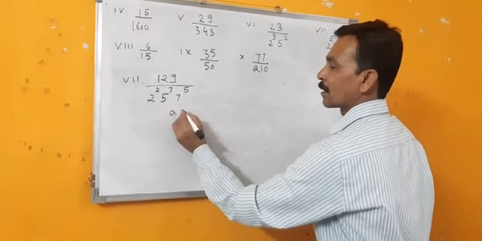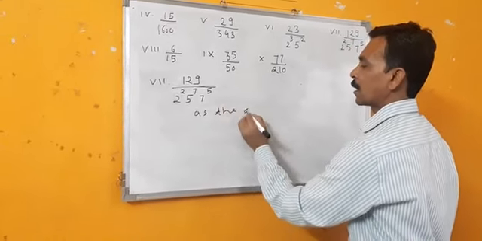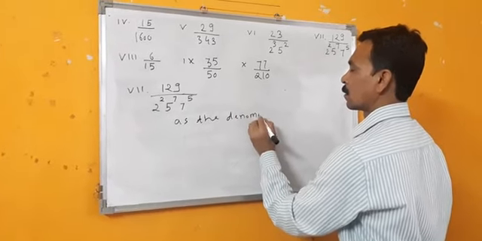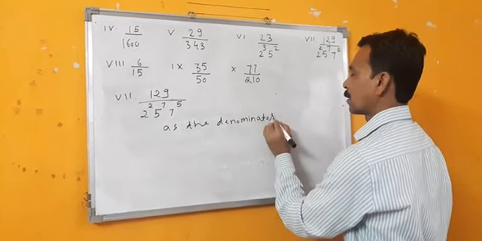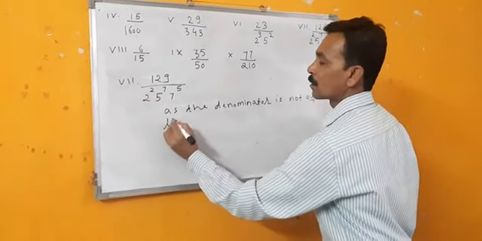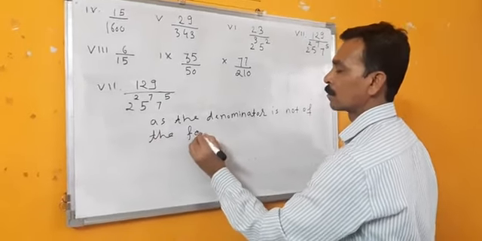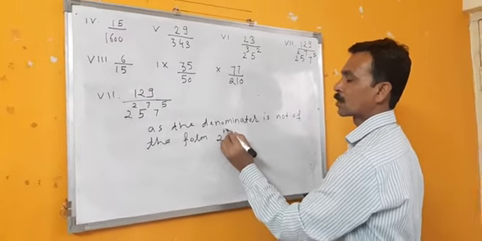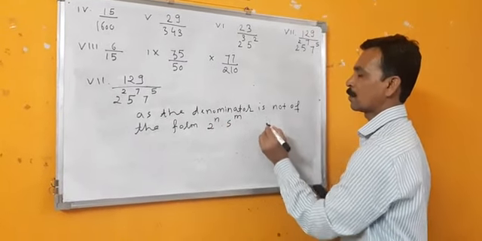I'll write here as the denominator is not of the form 2 raised to n into 5 raised to m.